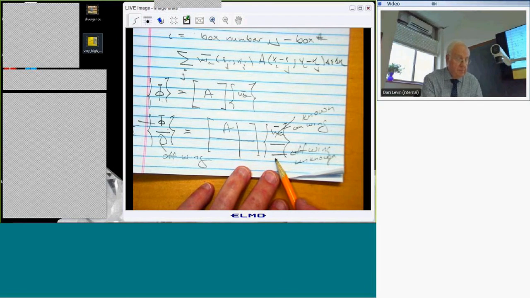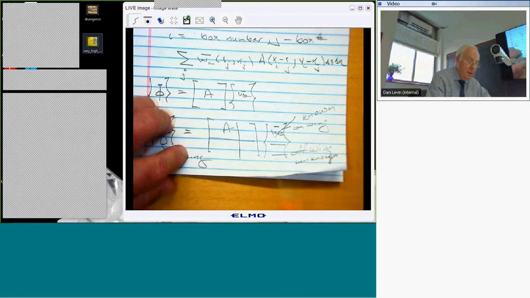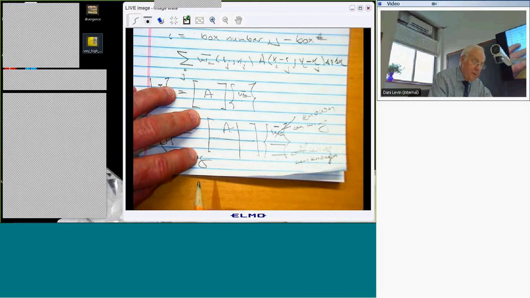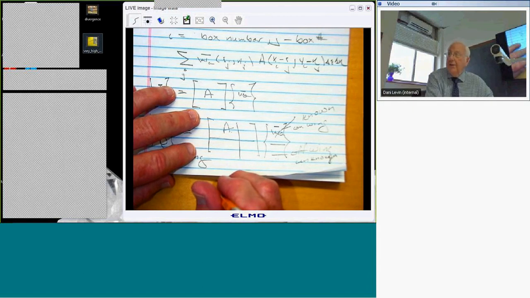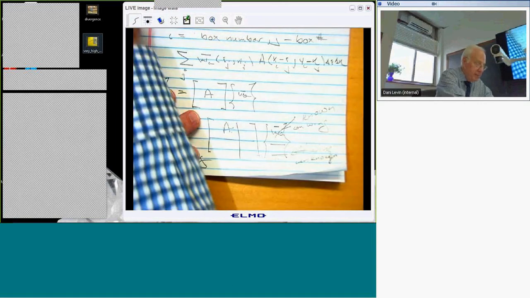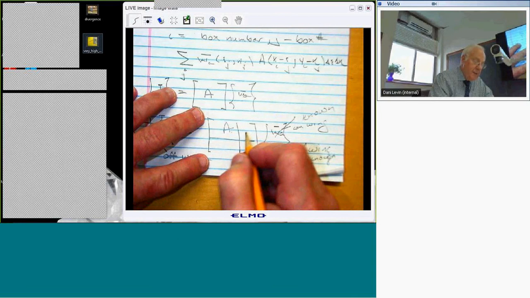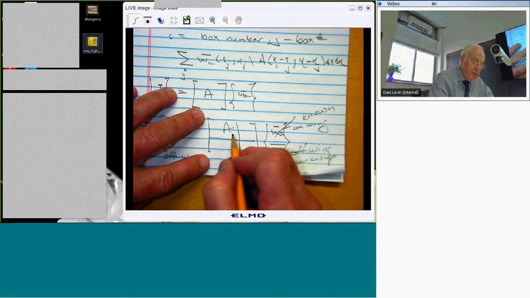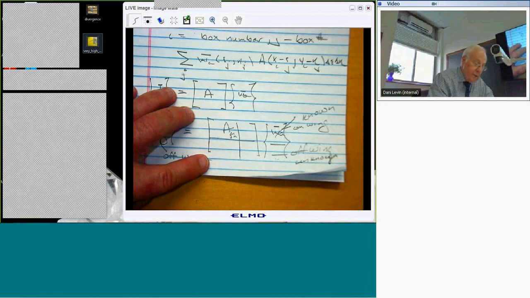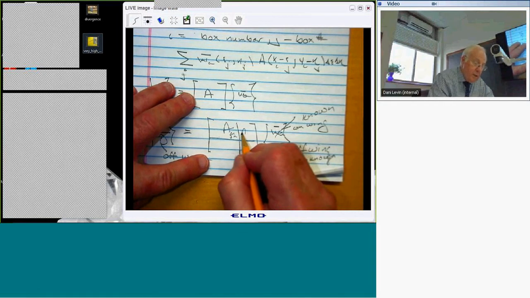In fact, let me do this. What's a good notation? Let's see, if I use on and off, I need more than O's. What notation do you like? Well, no, that's going to be too complicated.